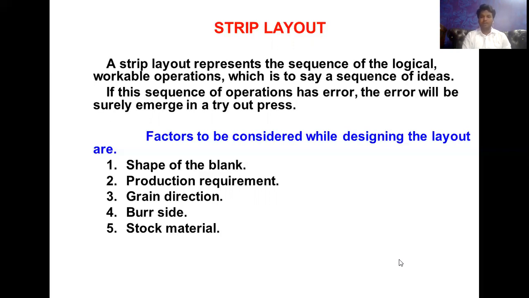Is it possible to have such kind of blanking operations, such kind of strip layout? Whether it is a ductile material, whether it is a hard material, whether it has some tensile properties to withstand the loads in the thinner section. All these things have to be considered while designing the strip layout.